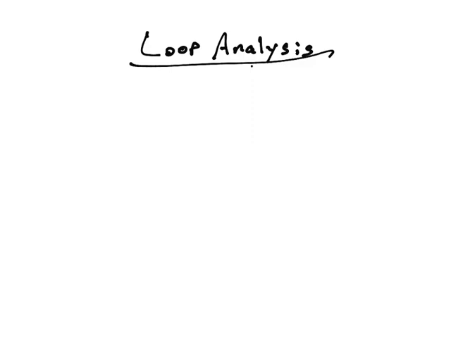Alrighty, so today we are going to discuss a new technique for analyzing circuits. Previously, of course, we have Ohm's law. Ohm's law is the main fundamental relationship between the current, the voltage, and the resistance in a circuit.